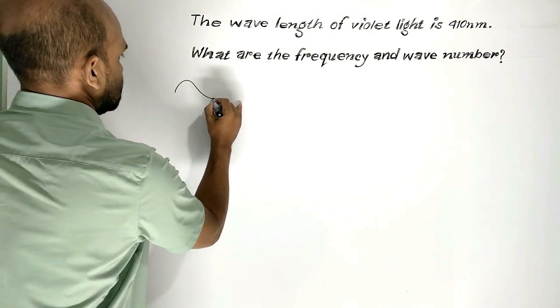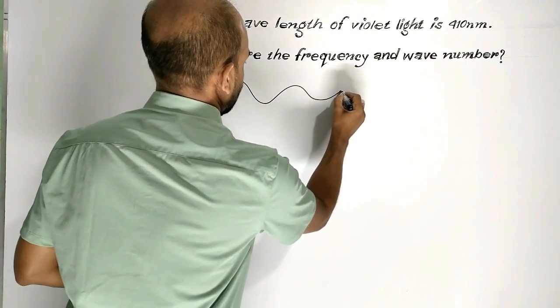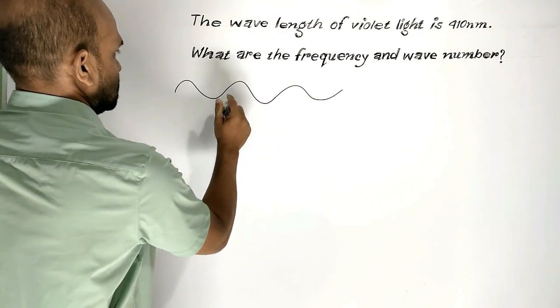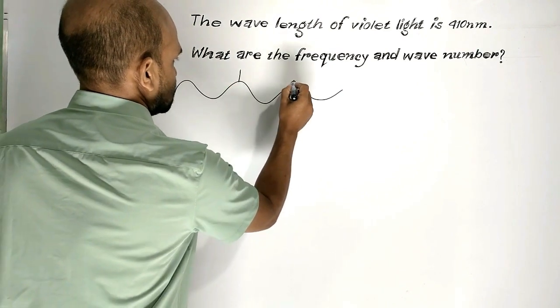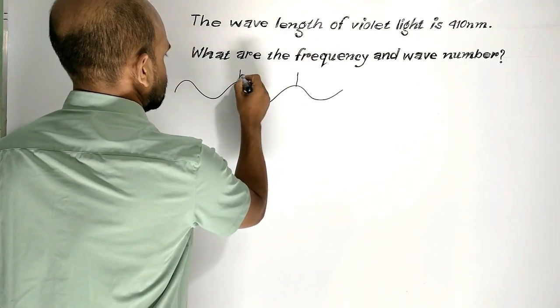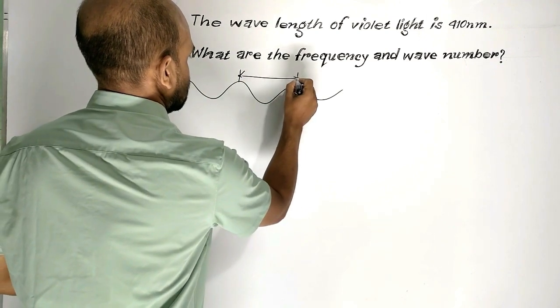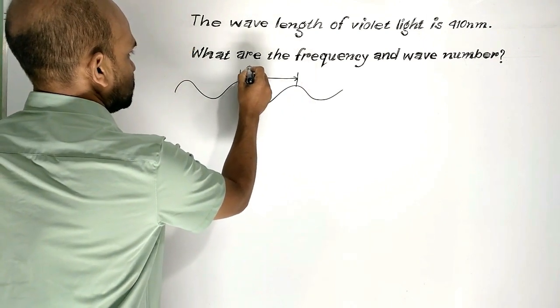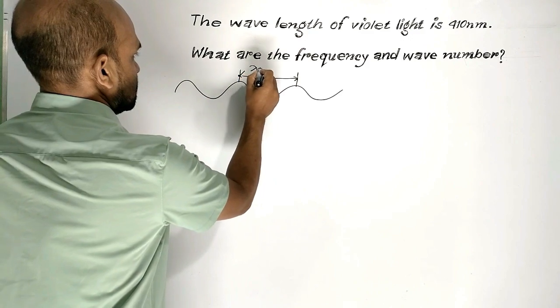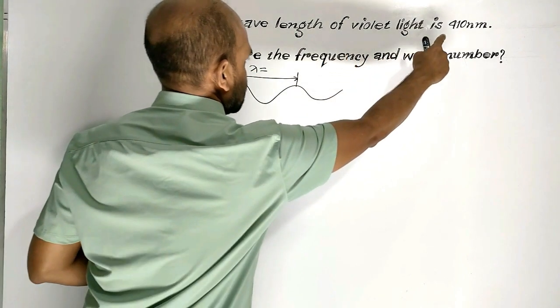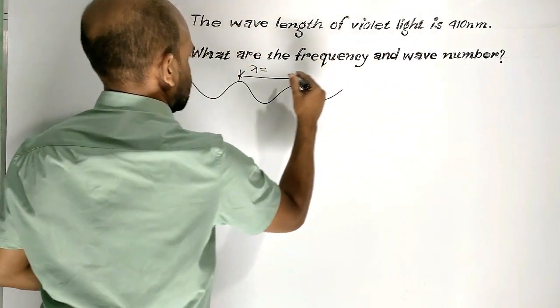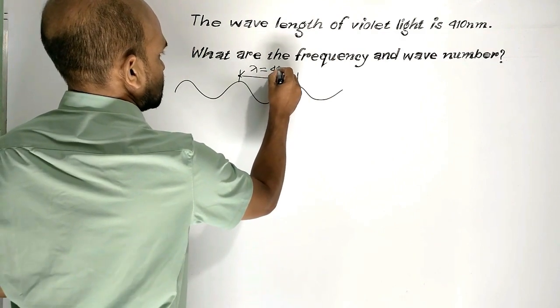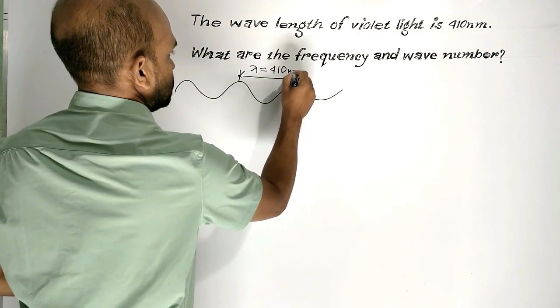Let us consider a wave radiation. Here the wavelength is denoted by lambda. Here lambda is given 410 nanometer.